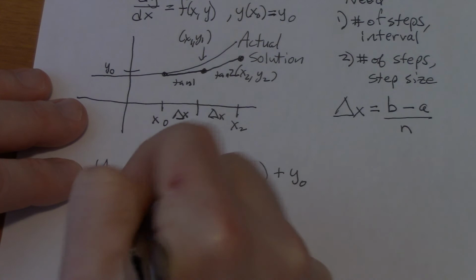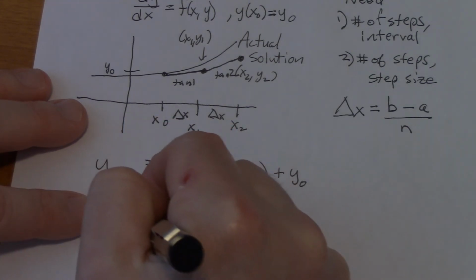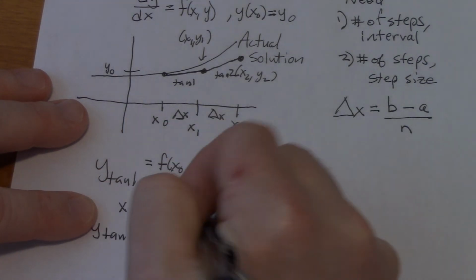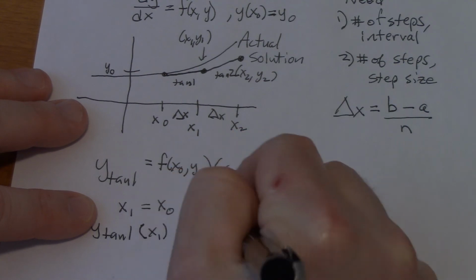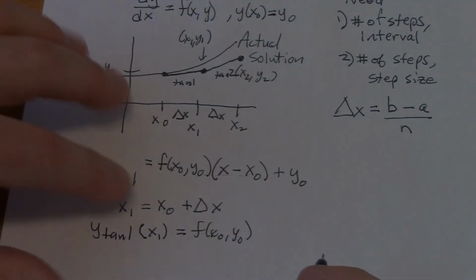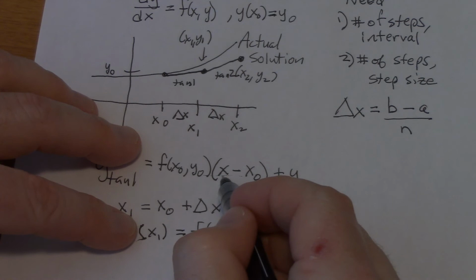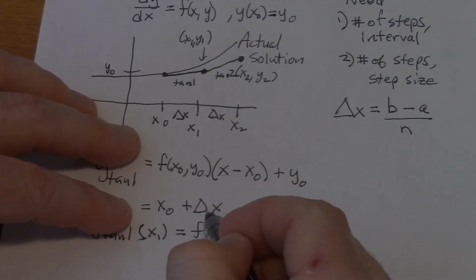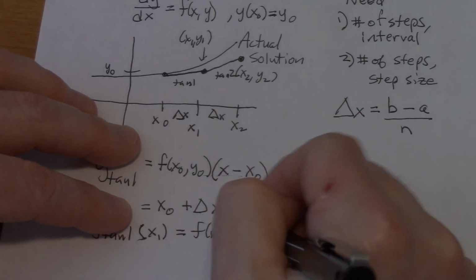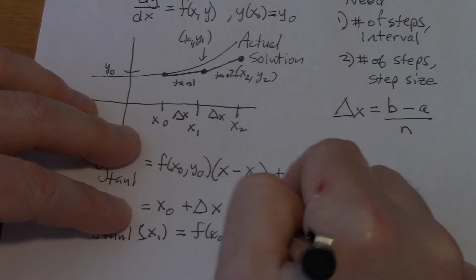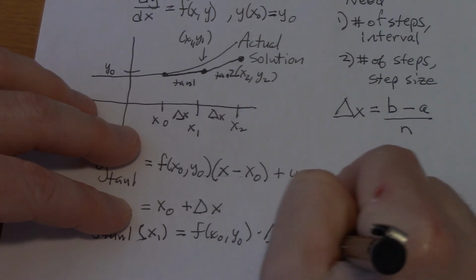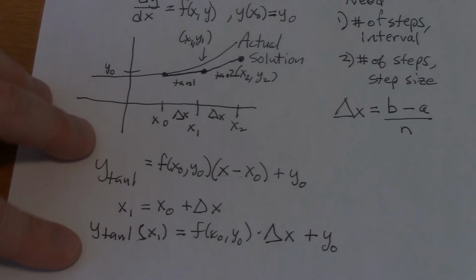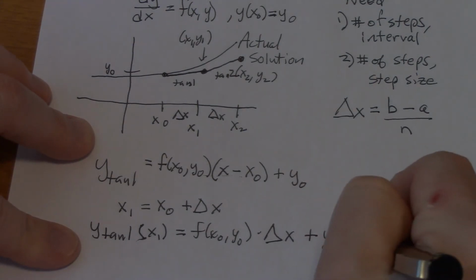So y tan 1 of x1 is going to be f of x0, y0. Remember, that's a constant, not a function. And then you'd be plugging x1 here. So x1 is x0 plus delta x minus x0, so that times delta x plus y0, and that would be y1.